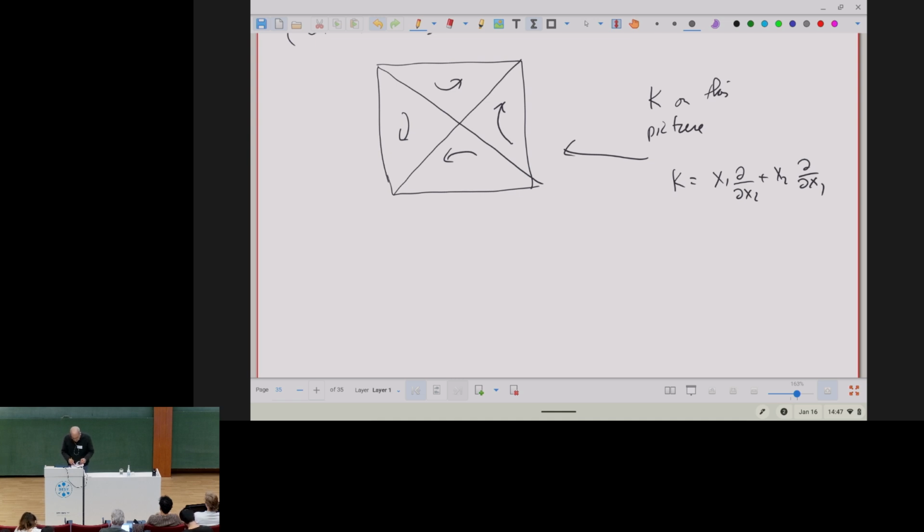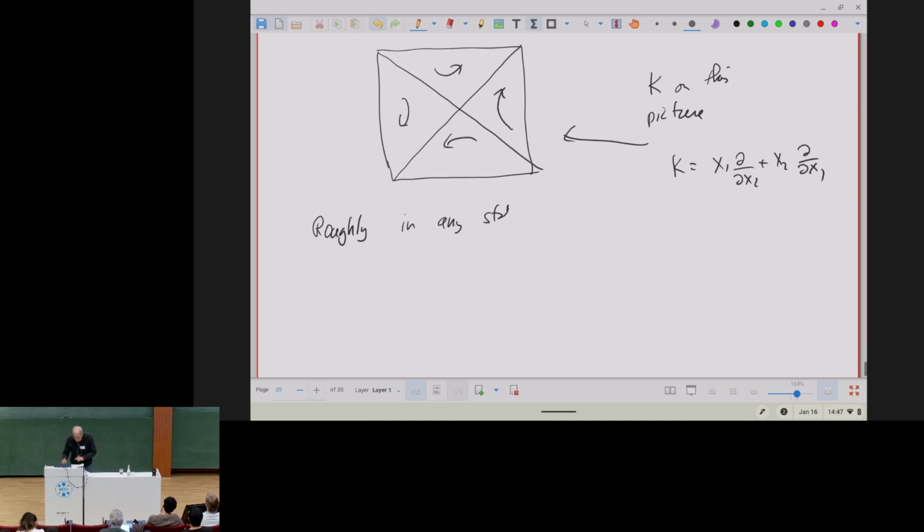Okay. So roughly speaking, in any state, I need to explain something else first. So we'll continue to Euclidean signature. We let x1 be minus i times x1e.